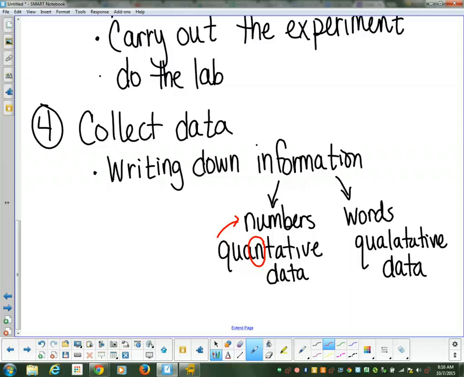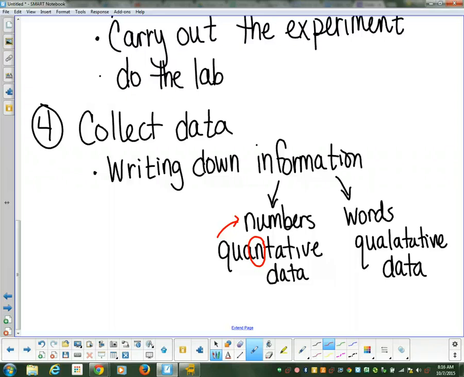In this example for the shirt, is it possible for us to just look at the shirt and say which one is more wet? Like that one has a lot more water on it, it's covered with water on the shoulders, or that one is covered just a little bit on the left shoulder. Would that be a way of describing the data? Absolutely. Okay, so quantitative data, numbers, that's how we collect data, and then qualitative data is through words.